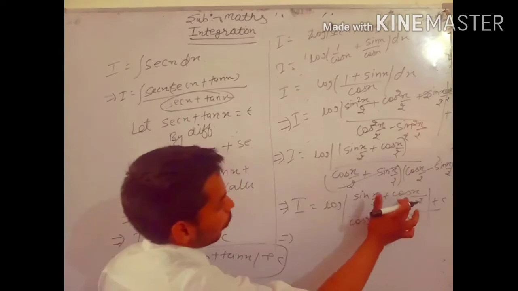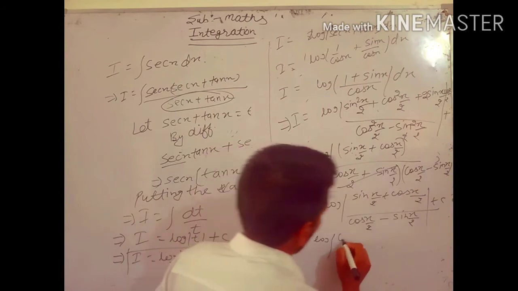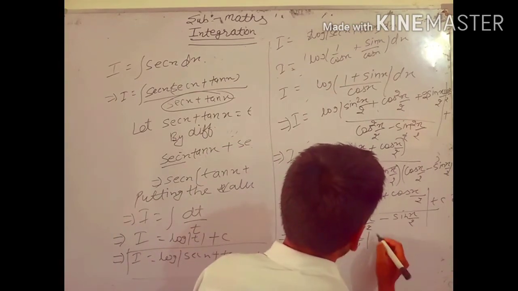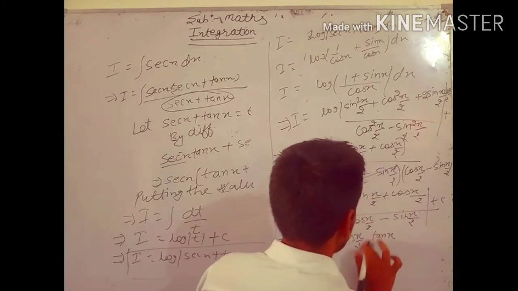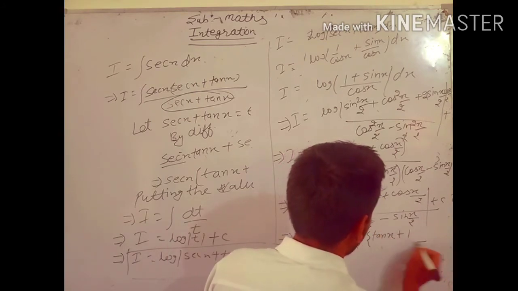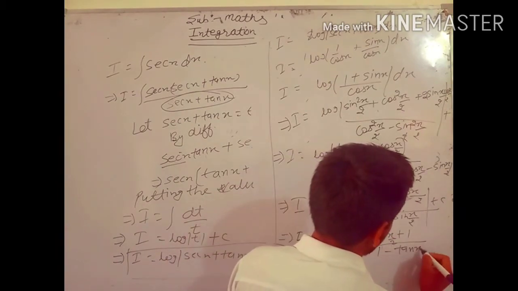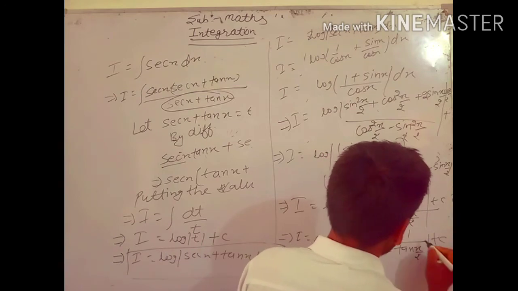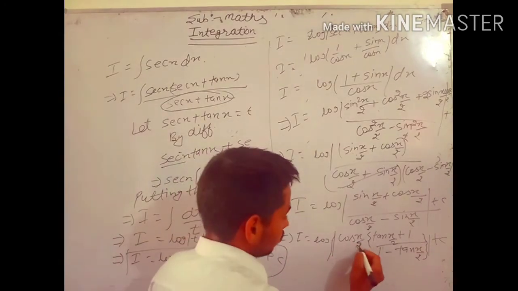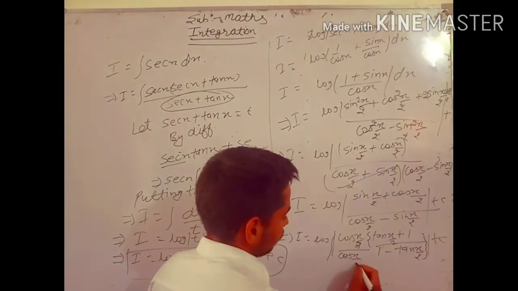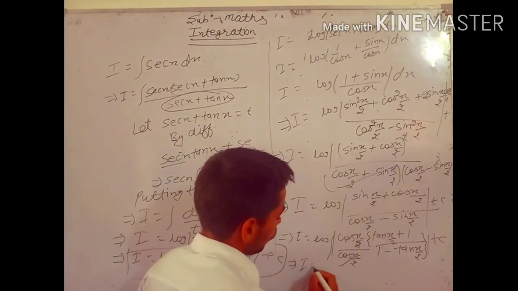We take out cos x by 2 from both terms, so I is equal to log of (sin upon cos becomes tan) tan x by 2 plus 1 upon 1 minus tan x by 2 plus c, where c is a constant.